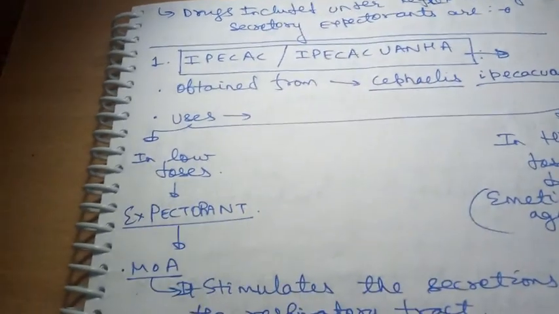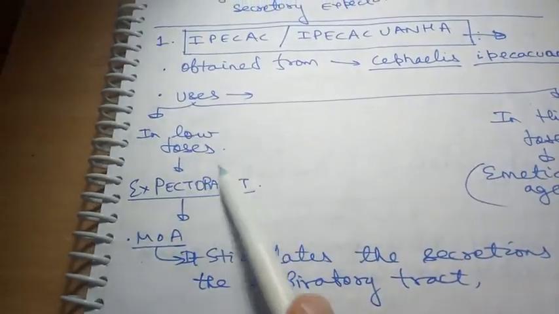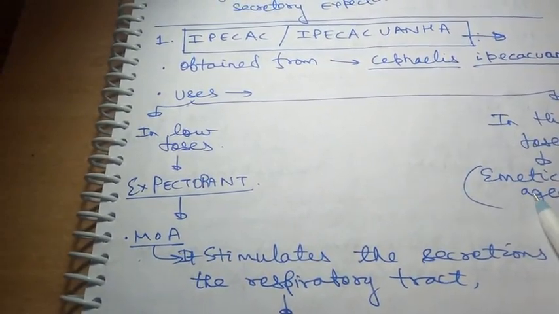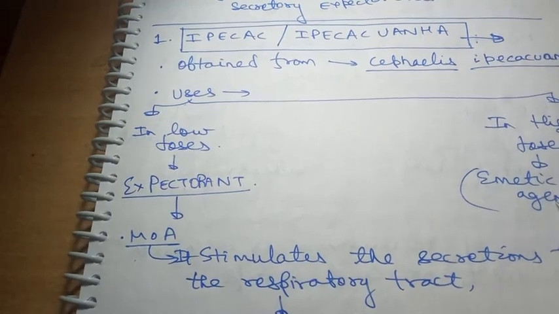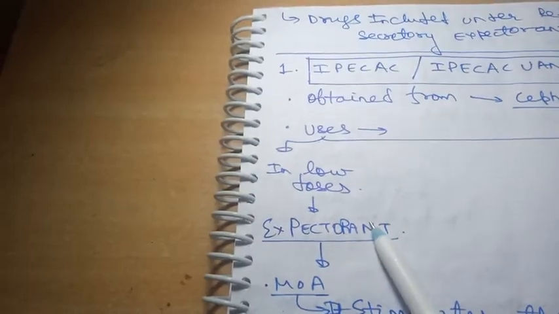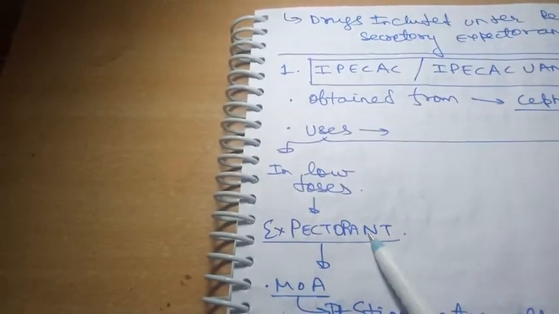So at lower doses ipecac will act as an expectorant, but at higher doses it will act as an emetic agent, that is a vomiting inducing, nausea inducing agent. That is not of our interest today. That is in GIT pharmacology, but here we have expectorants. So at lower doses, ipecac will act as an expectorant.